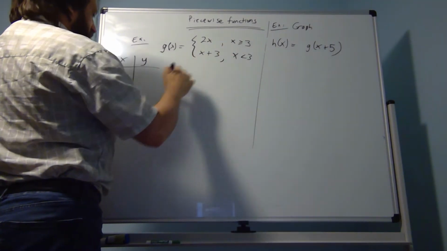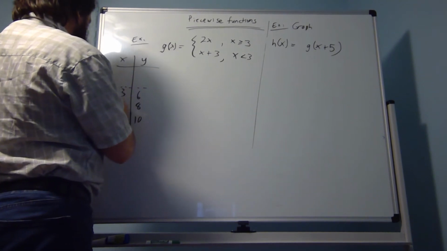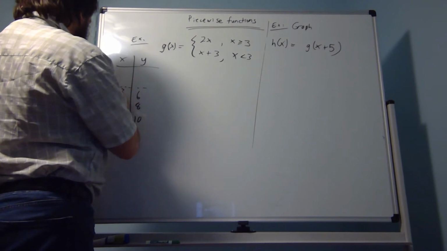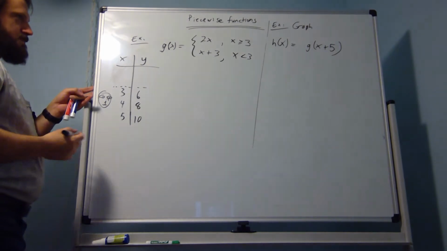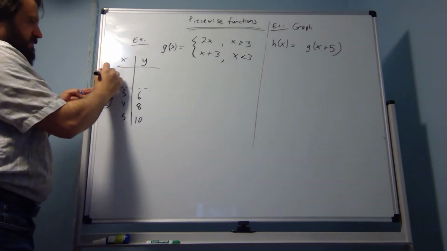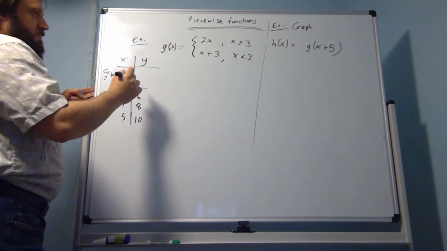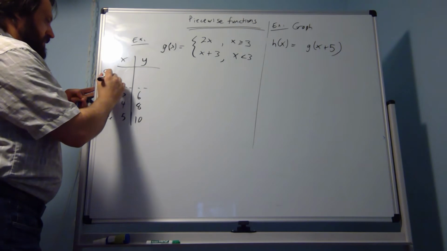So these are all x is bigger than or equal to 3. And then case 2, x is less than 3.